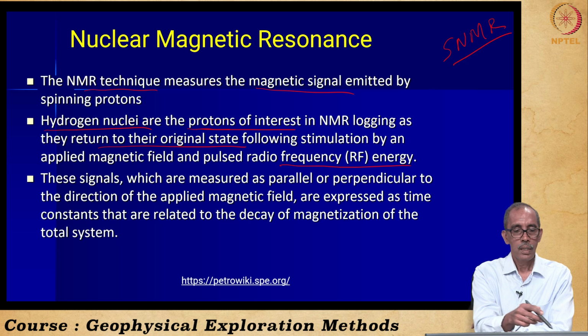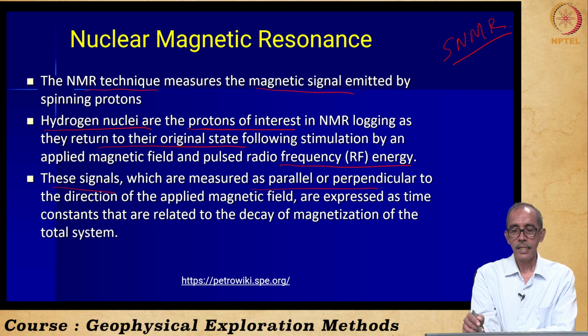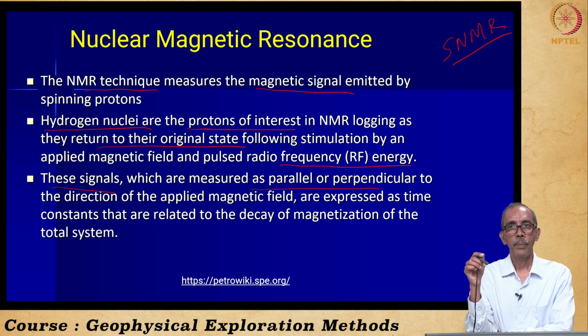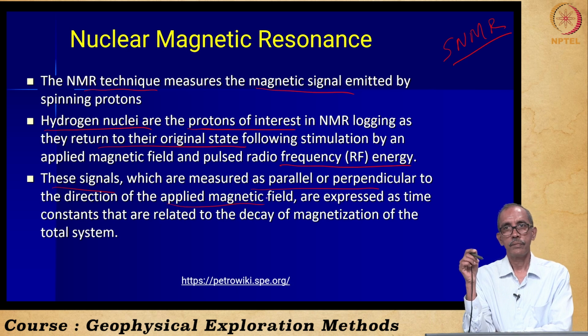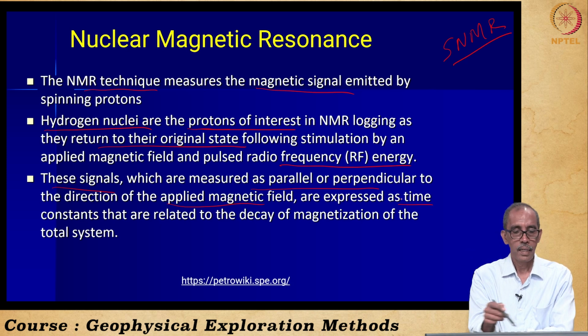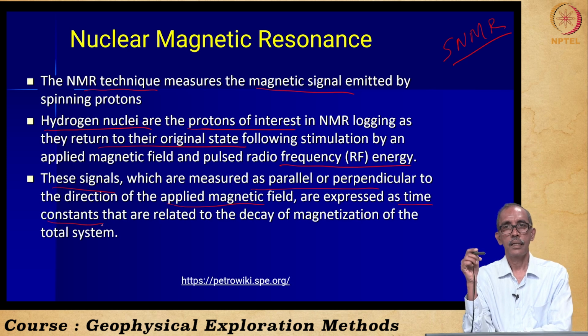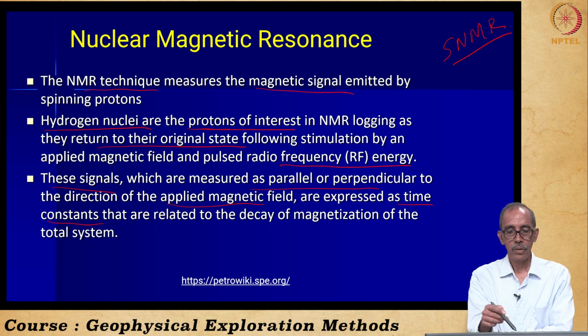Right? So these signals, which are measured parallel and perpendicular to the direction of the applied magnetic field, are expressed as time constants. Right? That means the time constants are related to the decay of magnetization of the total system.